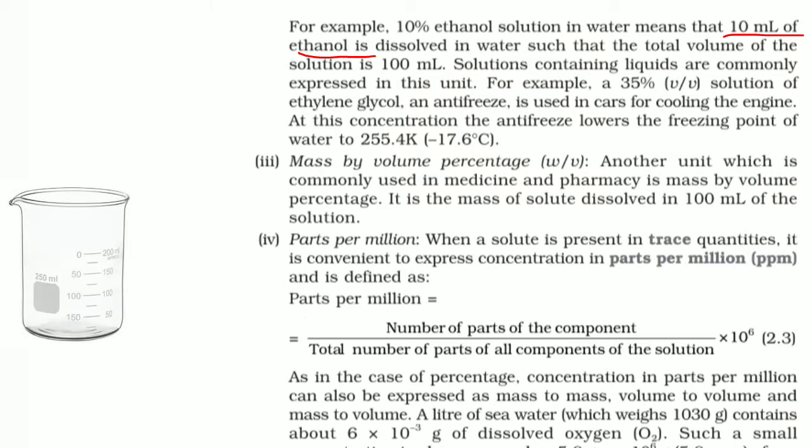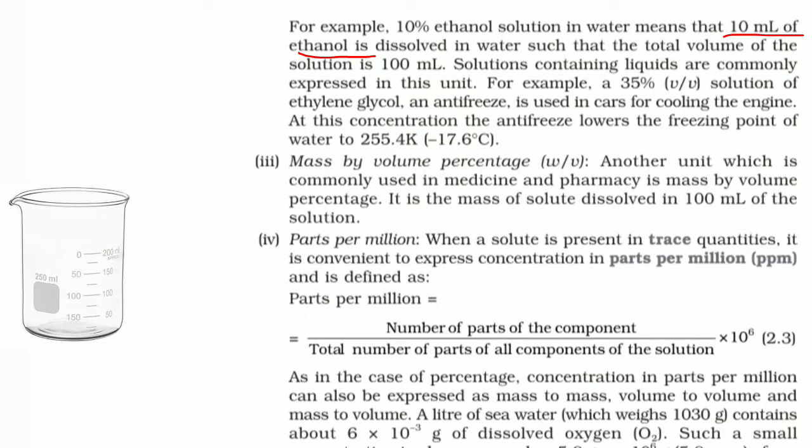Error will come mainly in two ways. One is human error, and the other is instrumental error. In the case of human error, let's suppose we take a beaker and in that beaker we take 10 ml of ethanol.